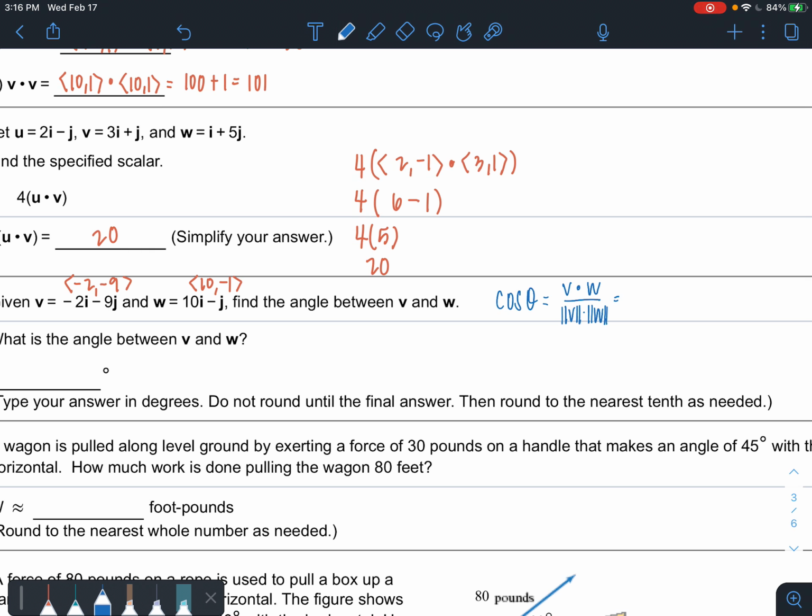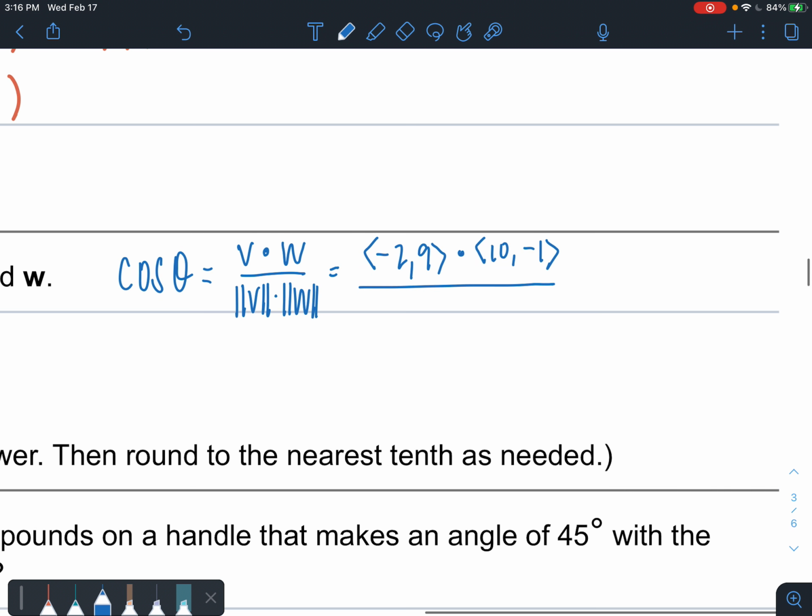So we have negative 2, 9 dot 10, negative 1 over the magnitude, which would be the square root of negative 2 squared plus 9 squared, times the square root of 10 squared plus negative 1 squared.